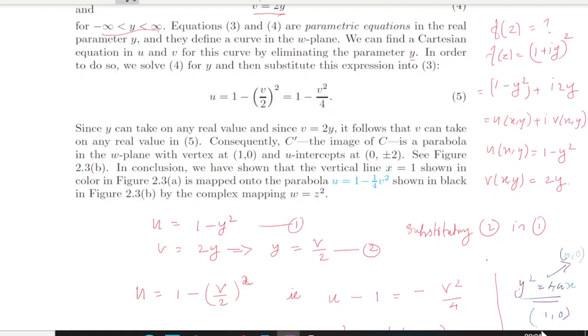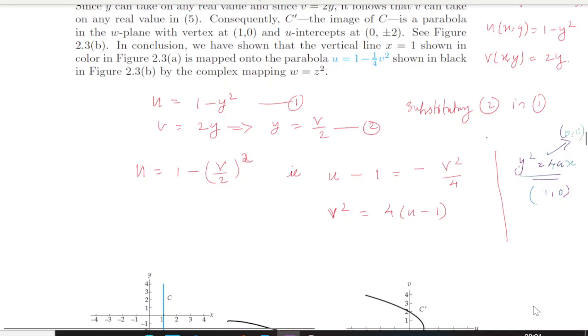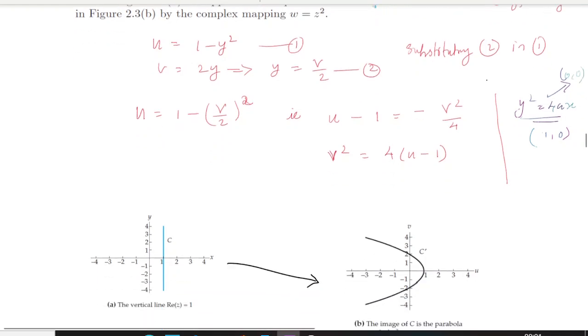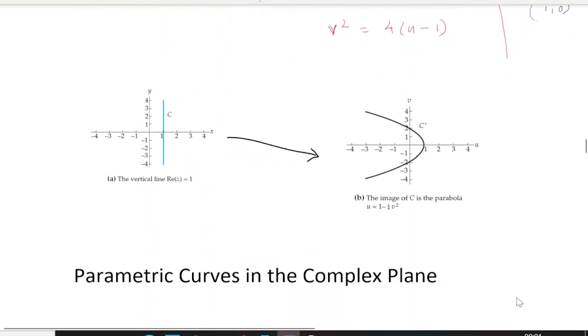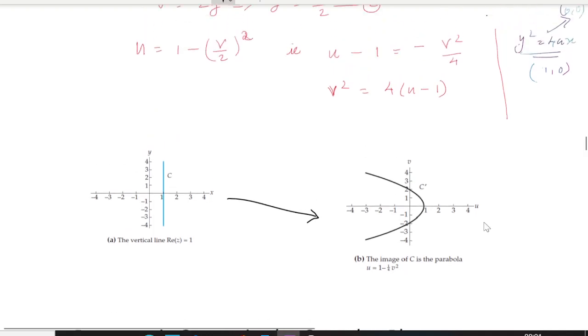But comparing with this, we get that this parabola has vertex (1, 0) and the v-intercepts are 0 plus or minus 2. So we can represent this parabola in this fashion. (1, 0) is the vertex, and this is going to be 2a.